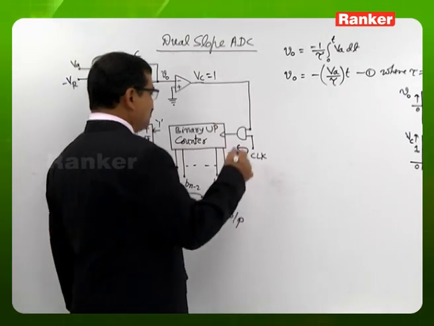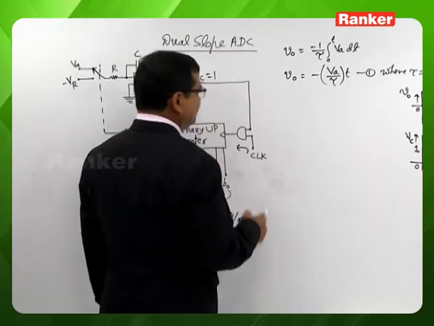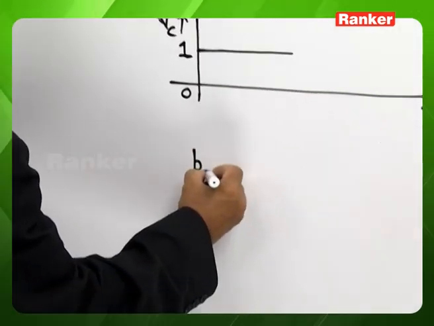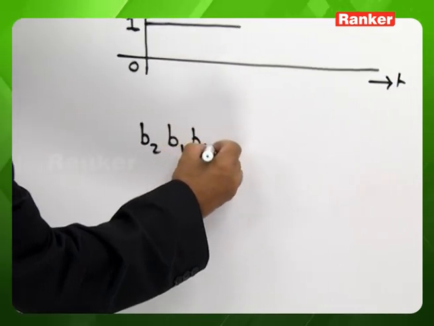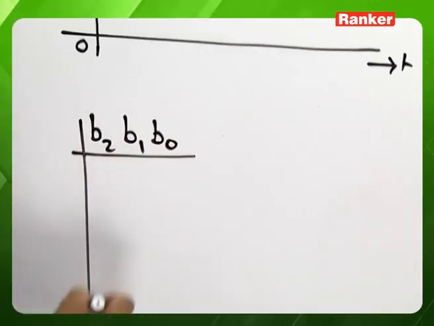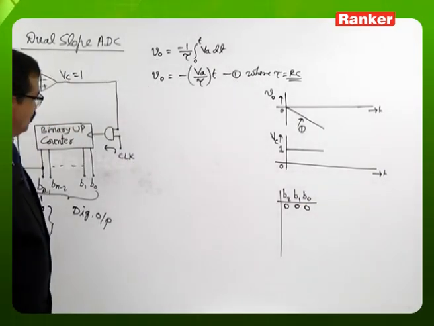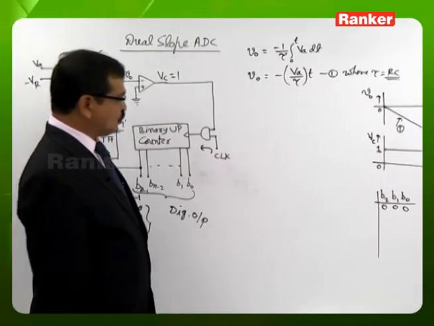As long as VC is 1, clock pulses are allowed to pass. Initially, all the bits of the counter will be set to 0. Whenever all the bits are set to 0, because the comparator output is 1, the clock gets a chance to pass.